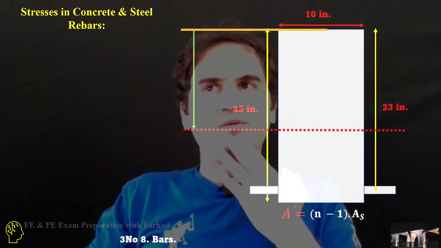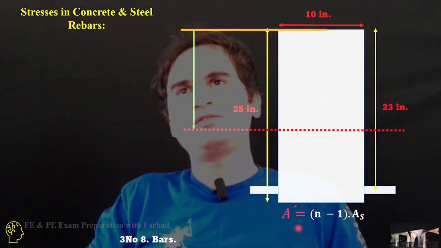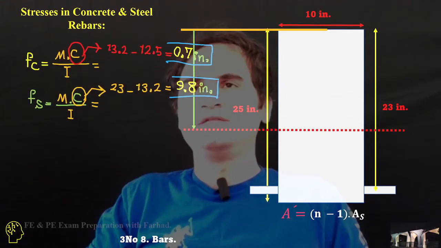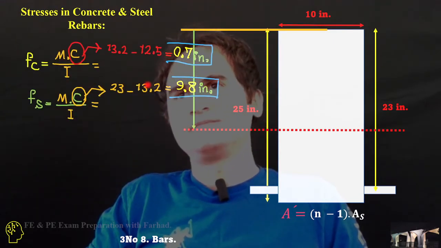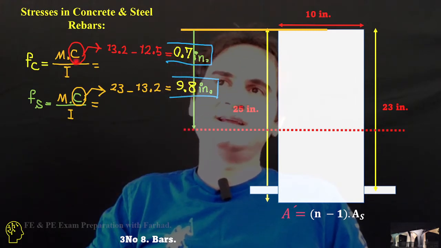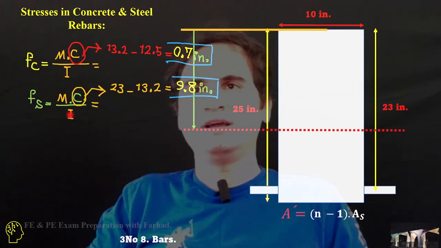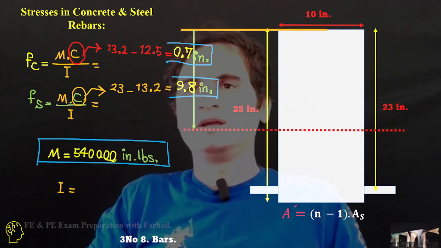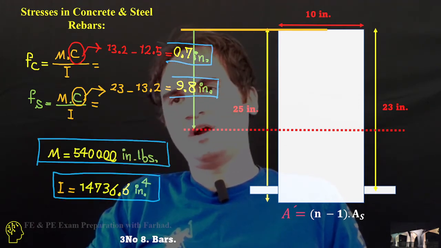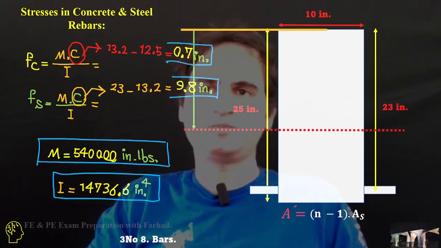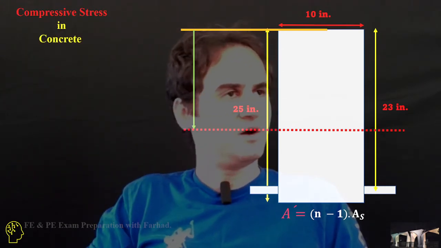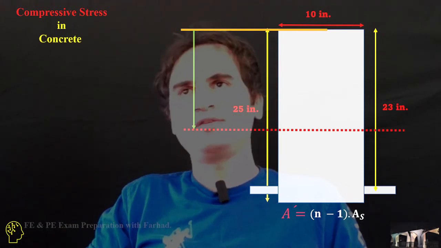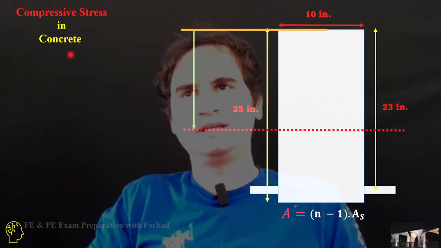If we want to calculate stress in concrete and steel rebars for both materials, we have Fc equals Mc over I, and Fs equals Mc over I, with different distances. M is 540,000 inch-pounds and I is almost 14,000. So let's go to the concrete, the compressive stress in the concrete part.